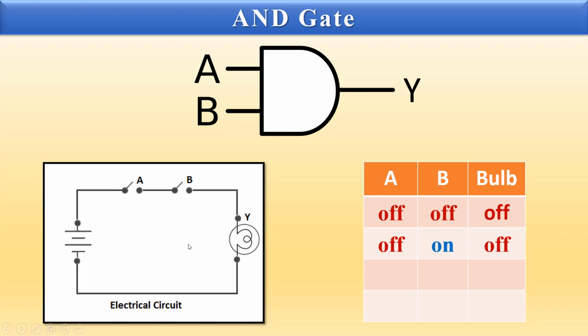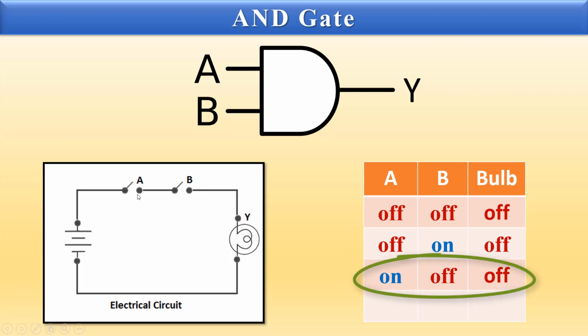If you go further and switch on the B, so I make this B on, keep the A off, then also the circuit is not complete and therefore the bulb is off. Similarly, in third case, if you take A is on and B is off, then also the circuit is incomplete.